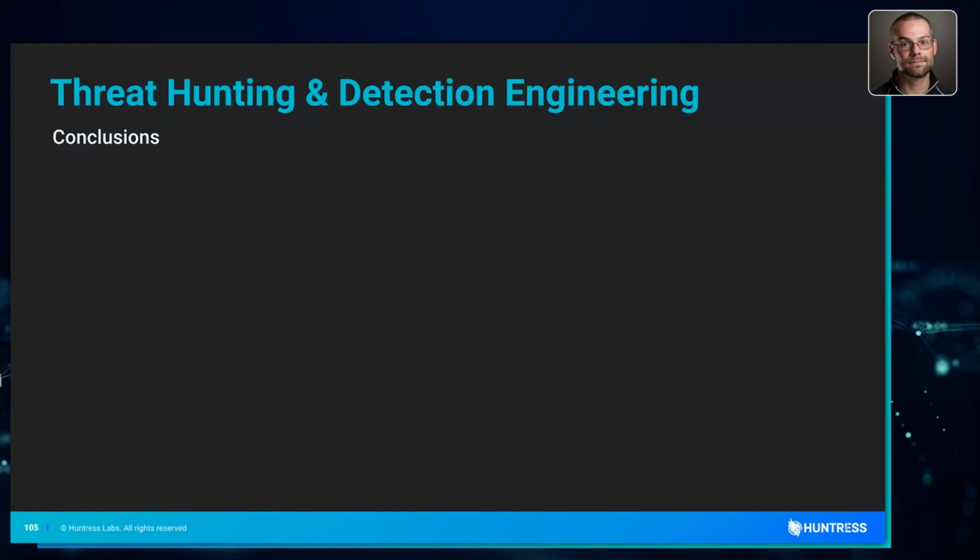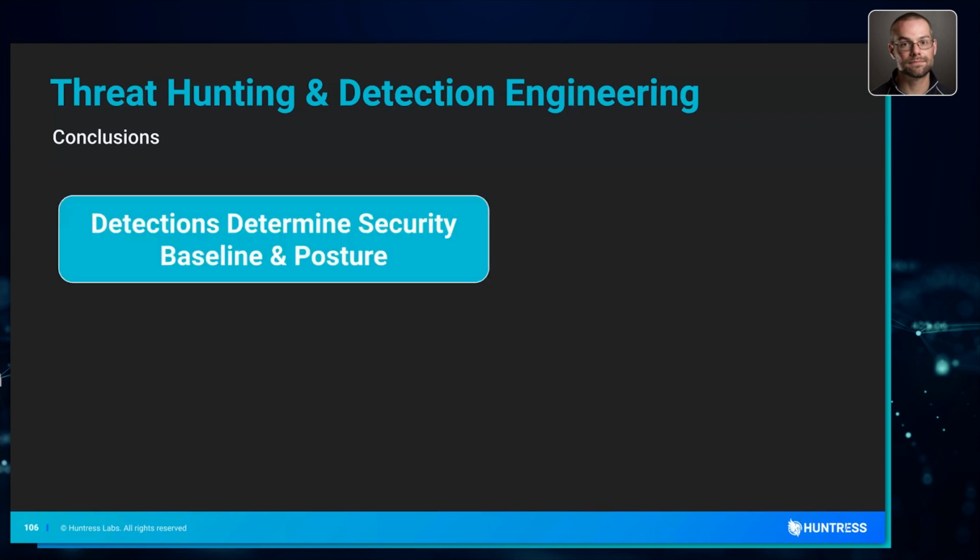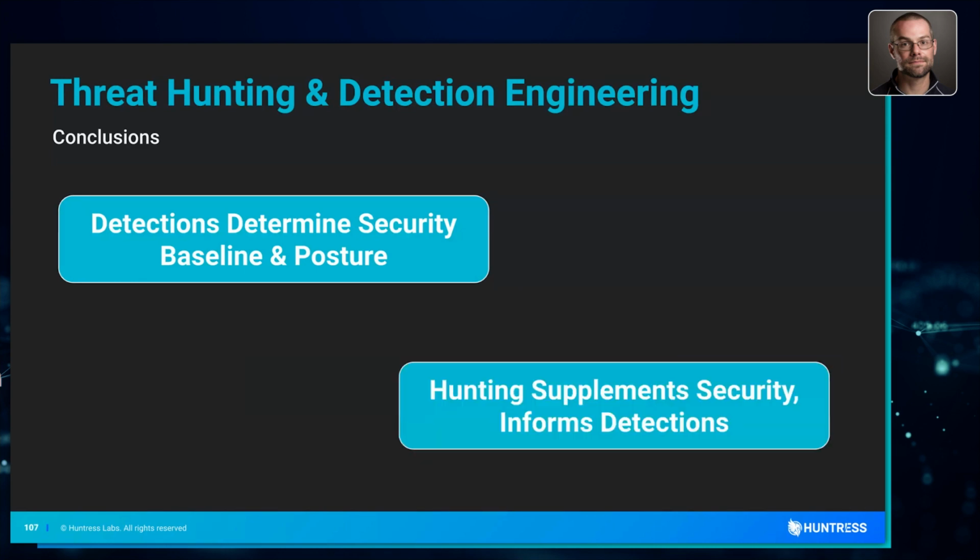So in looking at threat hunting, it has a very dynamic relationship with the function of detection engineering. Detections fundamentally determine the security baseline and posture of our organization, while threat hunting supplements our automated or standard security practices, but also works to inform detections by alerting our detection engineers as to what was missed or what it is that we failed to capture in automated processes.